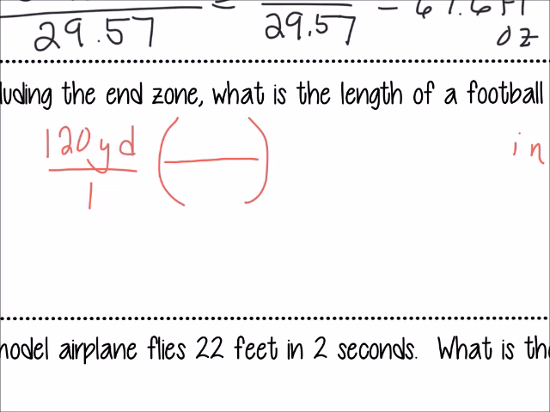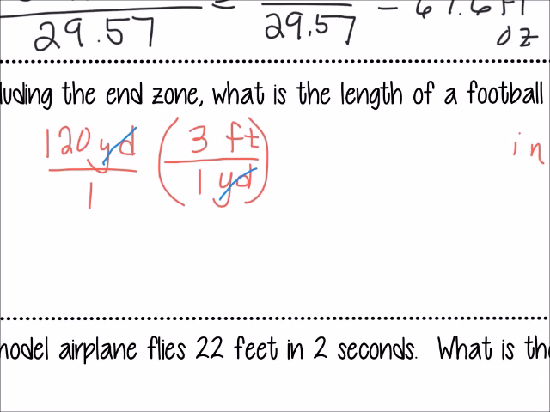So in order to make yards divide out, we have to put it in the denominator. That way we can divide the yards out. We also want to put in its place feet, which has to go in the numerator, and we just have to decide or indicate now what our relationship is, and we know that there are 3 feet per 1 yard.